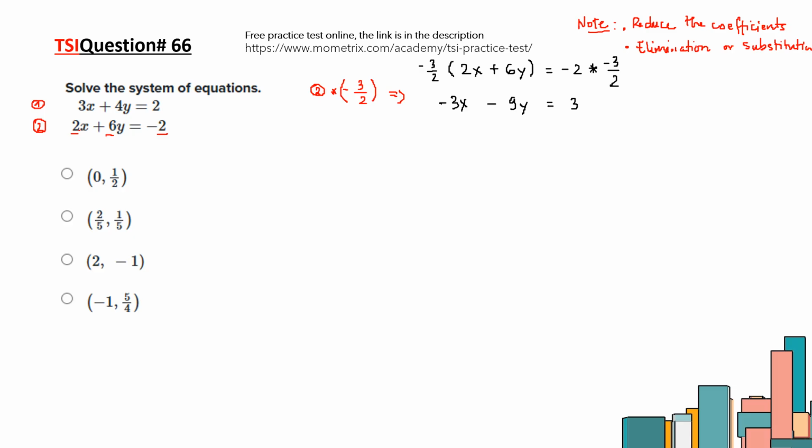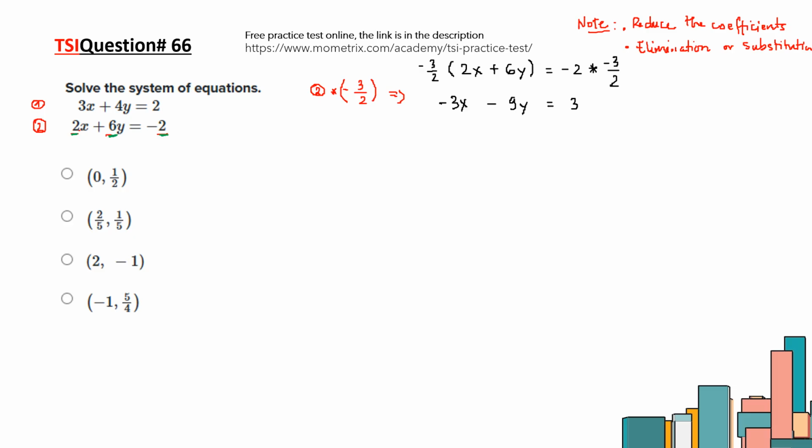Let's talk about why we chose the factor of negative 3 over 2. Like I said, at first I see that 2, 6, and negative 2 can be reduced by a factor of 2, right? So instead, I will multiply both sides by 1/2 to reduce it.